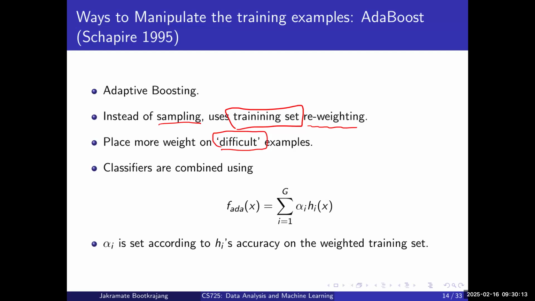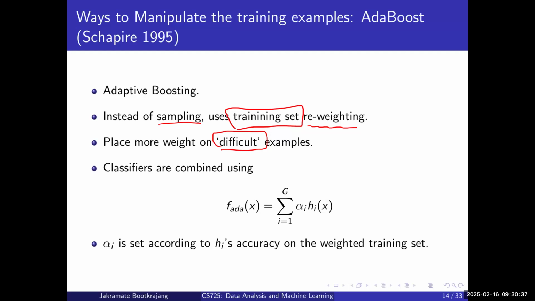You want to put more weight on difficult examples. So basically, you sample the first set, you take the classifier, and that classifier will be used to evaluate the entire data set. Whatever the first classifier gets wrong, you put more weight on those examples.